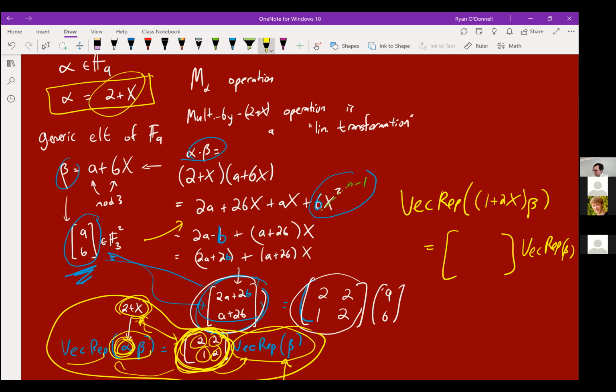Or maybe it's not even a linear function. Maybe if this is a, b, the answer is a squared plus 1b, something which is not a linear transformation. But it is a linear transformation. This is what you have to reason about.